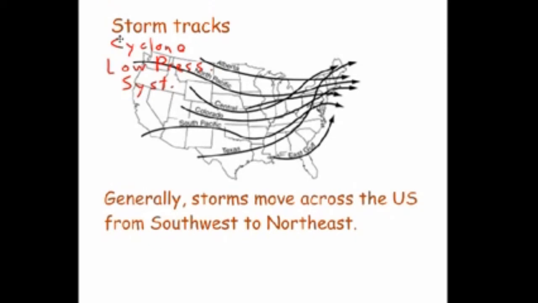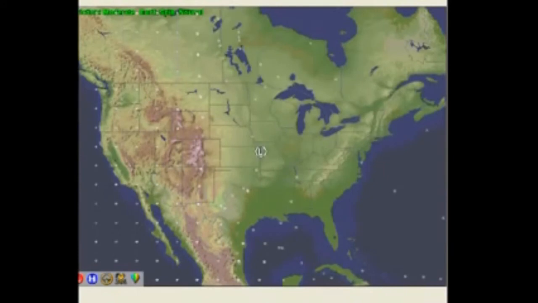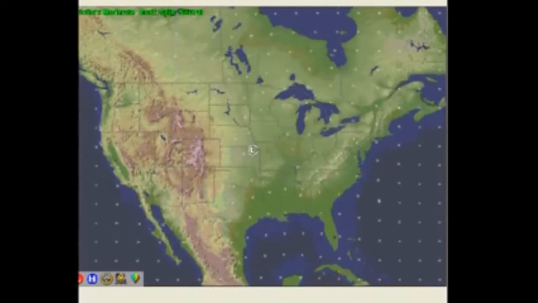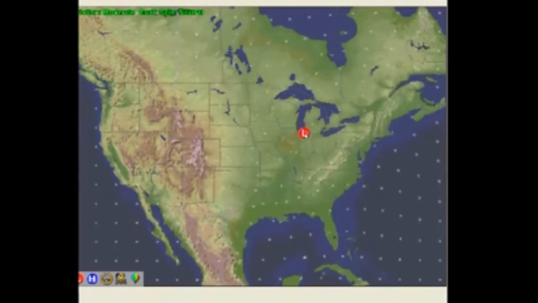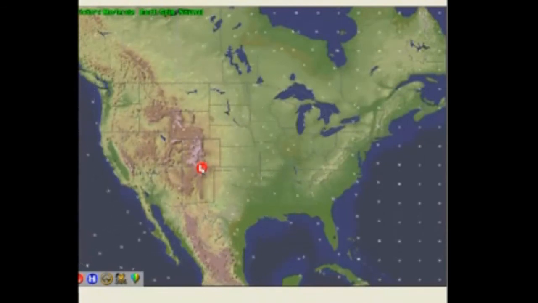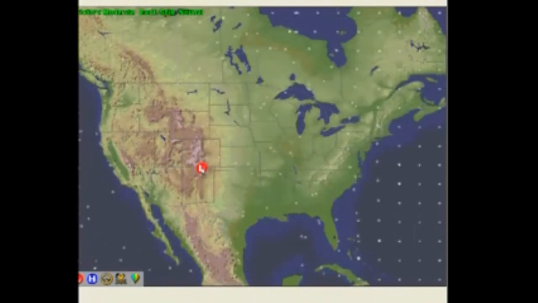And if we take a look at where we are right here, you'll notice that these lows generally move into our area from the southwest. So if we know that a low is moving towards a low pressure system that's here, we know that it's probably going to be moving towards our area in this way. So if we see a low pressure off to the southwest, we know that that low pressure might be bringing our weather towards us in the future.